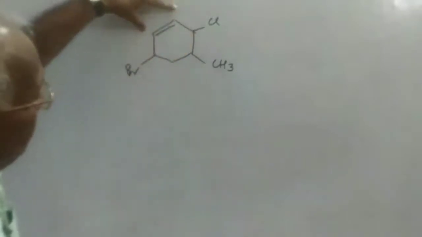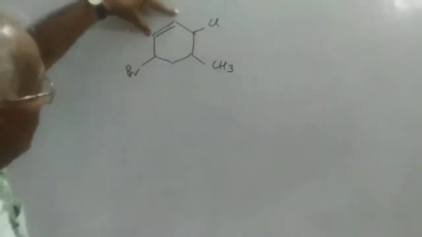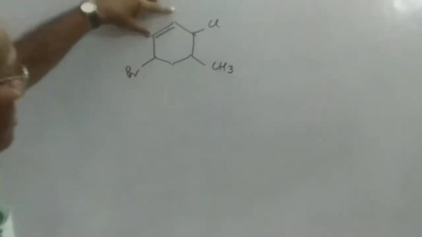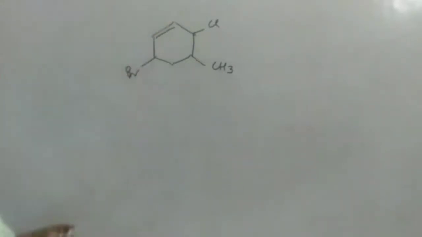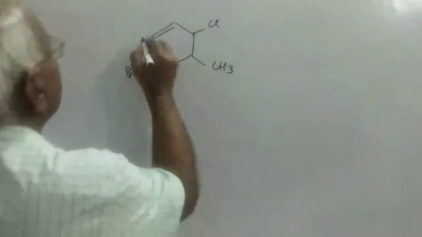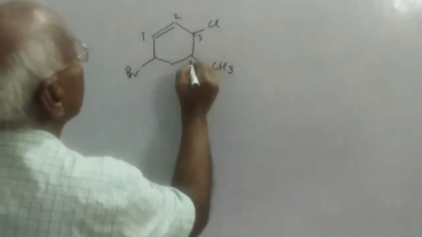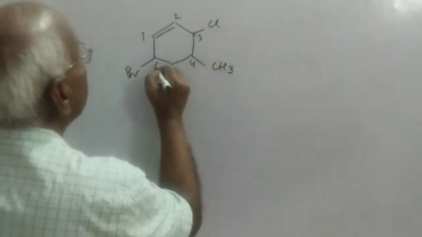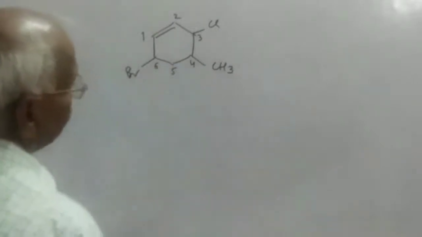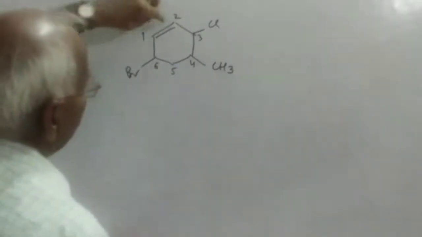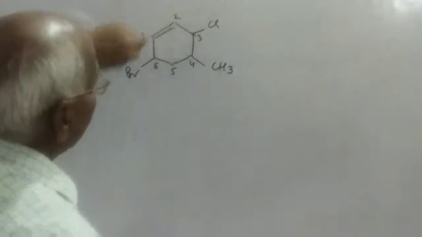Both are at the same distance from the carbon-carbon double bond. So in order to avoid confusion, it is better to write in 2 ways. In the first case it is 1, 2, 3, 4, 5 and 6 in this way, and you write the substituents in alphabetical order.